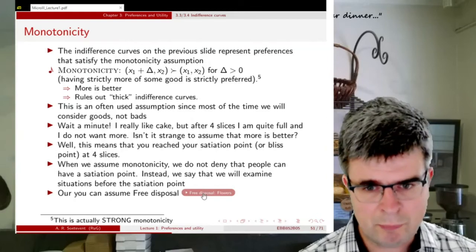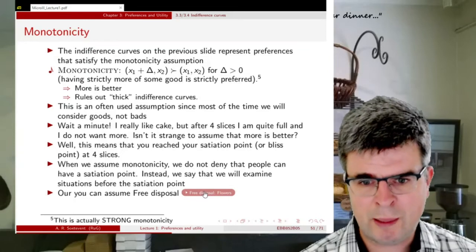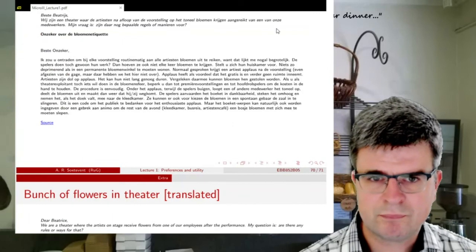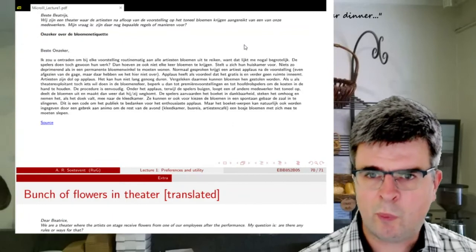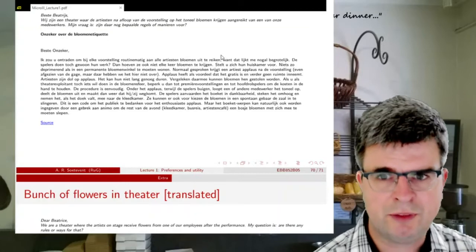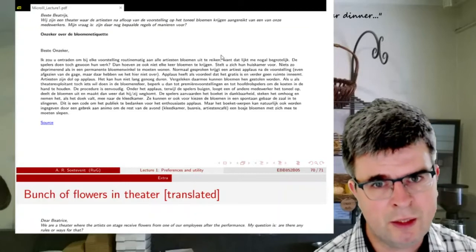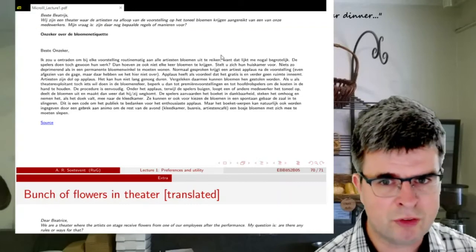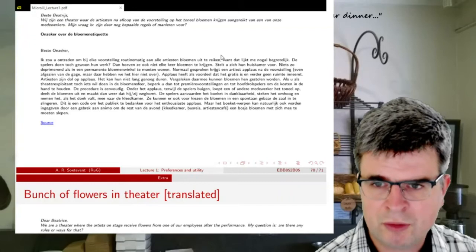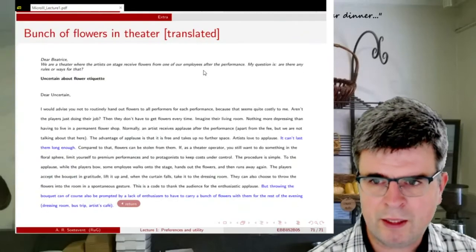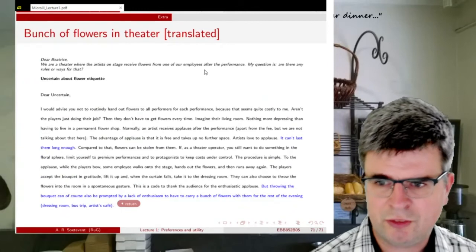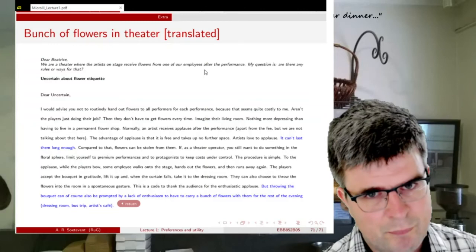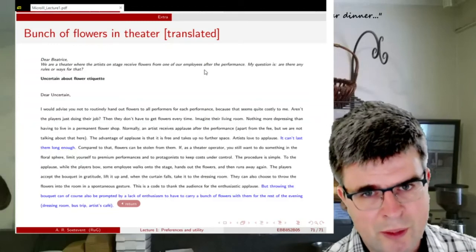And actually, I don't make up this example. This is what often happens in practice. This is from a newspaper where one of the employees of the theater was asked: what are the rules and the norms about giving flowers to the artist at the end of the show? And the response, translated into English, is that you have to be aware that artists normally don't like flowers.